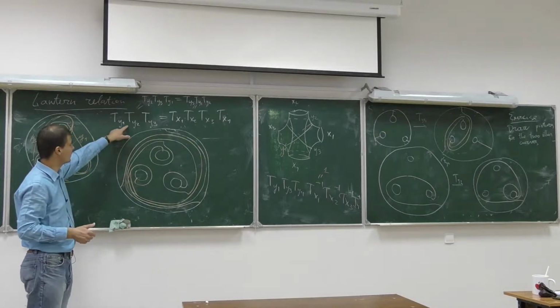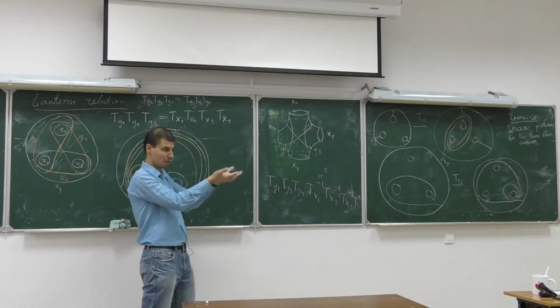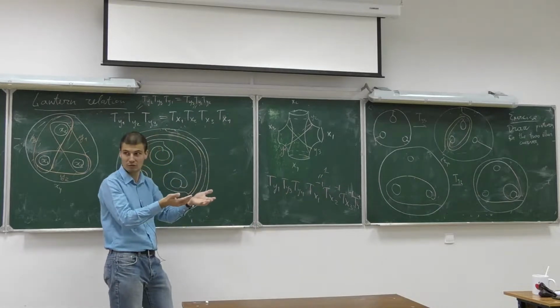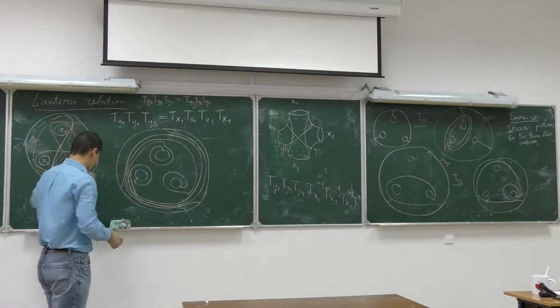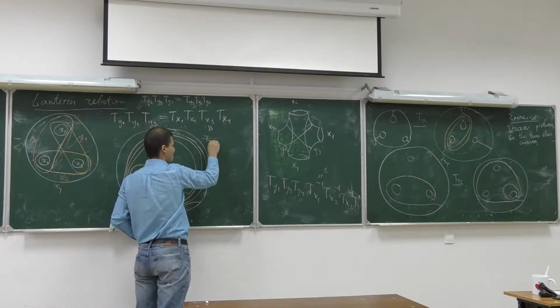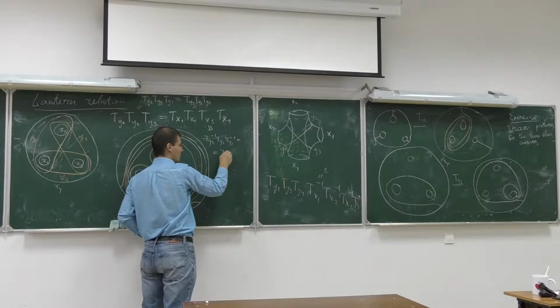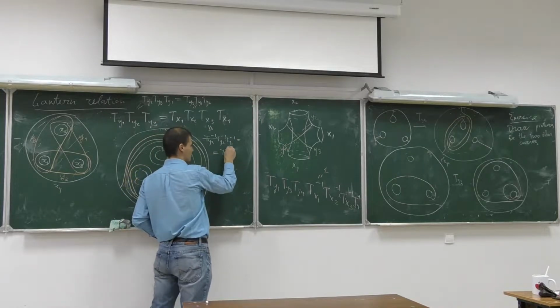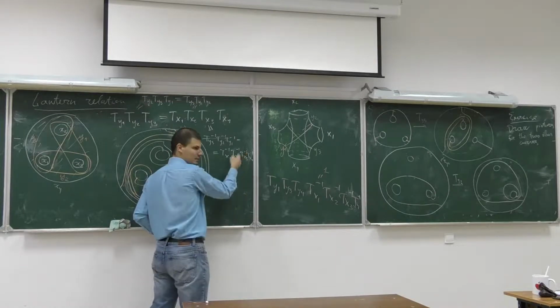Just if we take this particular relation and take the inverses of two parts, then we get Ty3 minus 1, Ty2 minus 1, Ty1 minus 1 equals the other side. Here the order is unimportant since they commute.